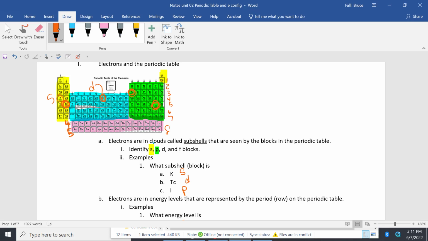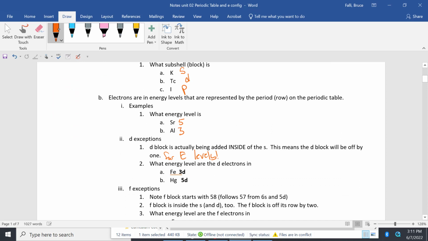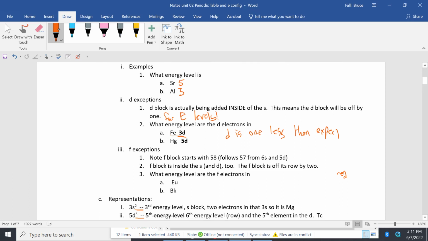Iron is right here, so it would be in the 4th energy level. But because the D block is off by 1, it's 3d. The D block is being added inside. It's off by 1, so D is 1 less than expected. And mercury is really in the 6th energy level, but that's 5d.